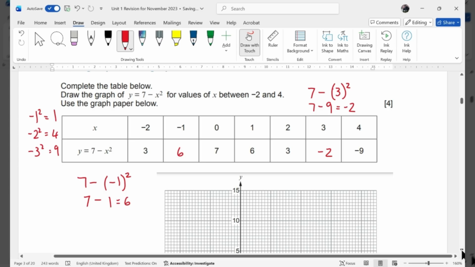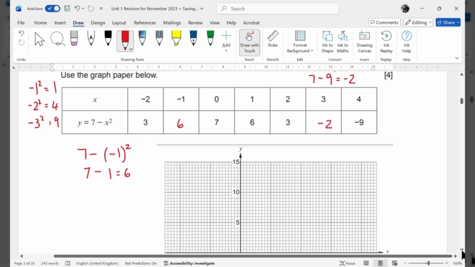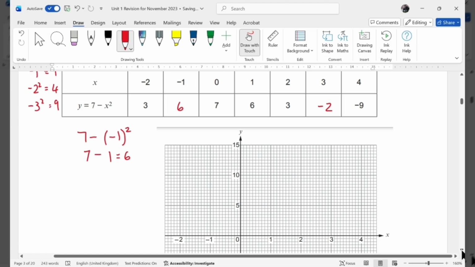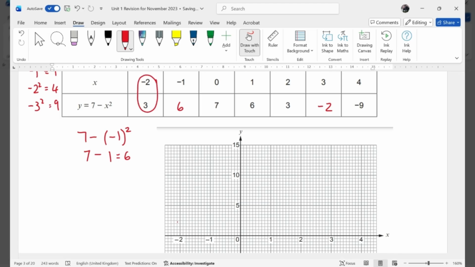Interestingly, and usually, because it's going to be upside down U-shaped, more N-shaped than U-shaped, right? So it goes -2. Where's my pen? -2, 3, right? On my scale, I'm going up every 2 squares is 1, so 1, 2, 3. -1, 6. 0, 7. Sorry if I'm slightly out. My eyesight isn't great.